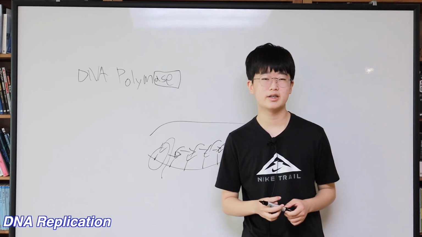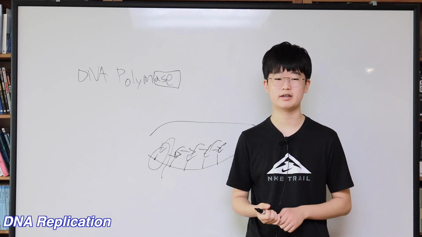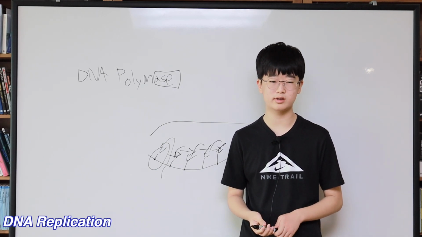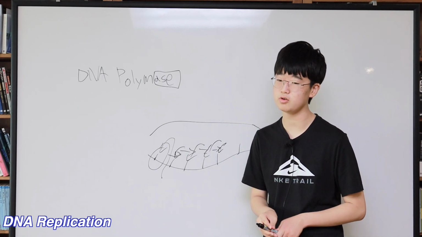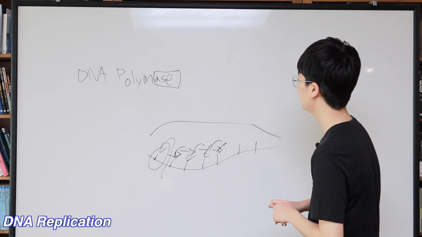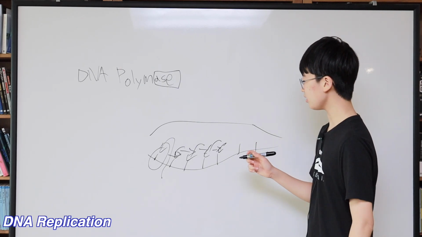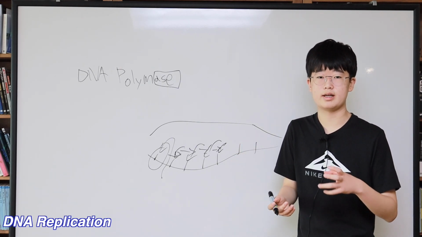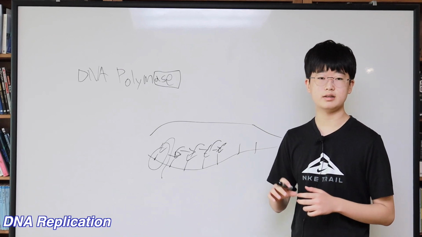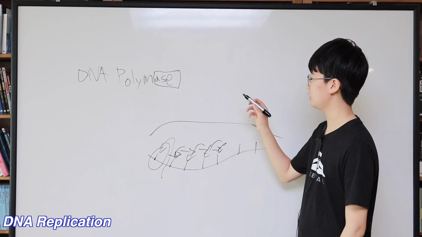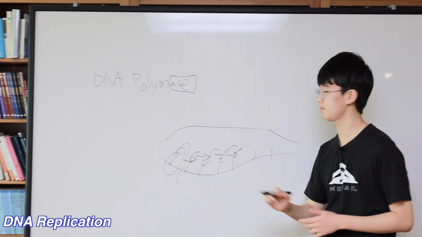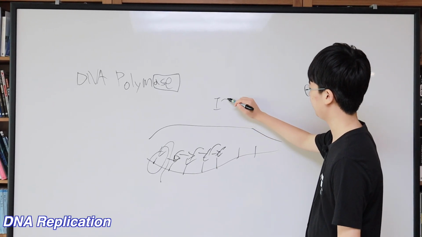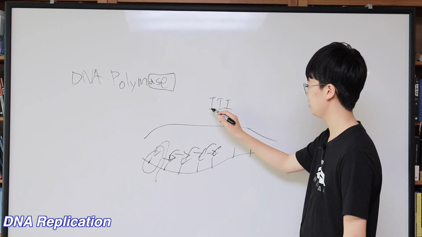If you start studying biology, you're going to hear E. coli a lot because it is used in so many experiments. And in E. coli there is a DNA polymerase called Polymerase 3, with the 3 written with 3 I's.